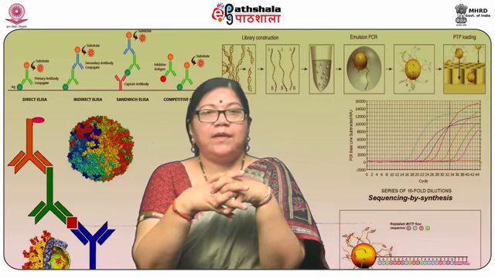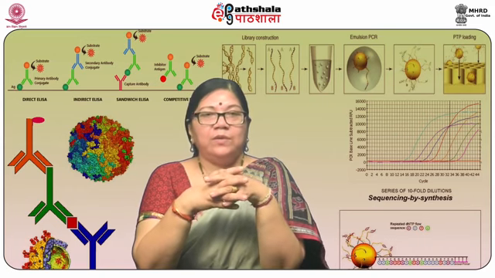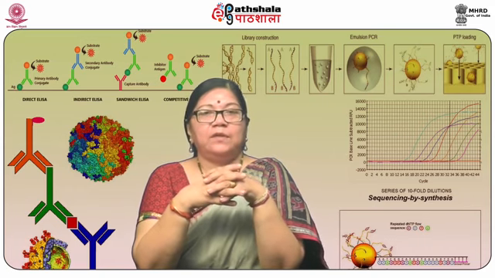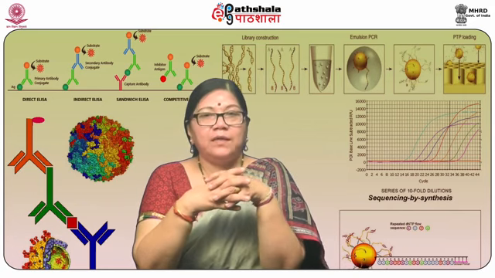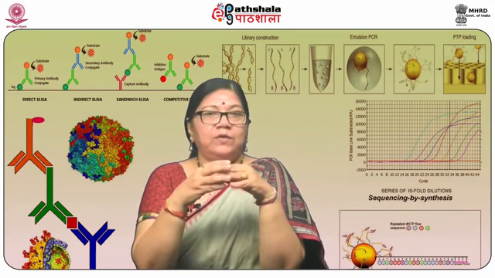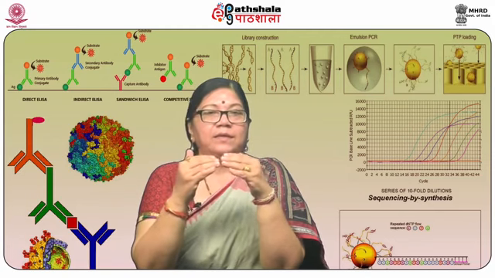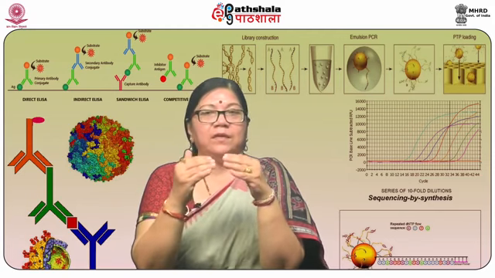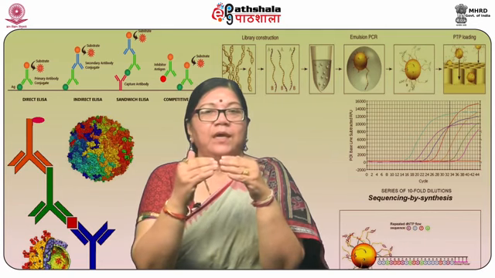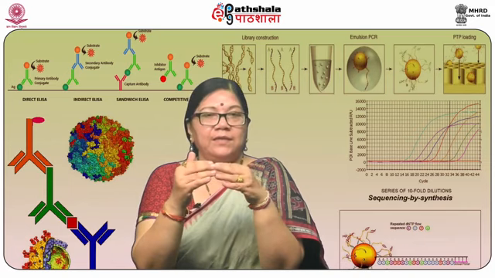So students, let us summarize what we have learned in this module. We have come to know that a vector is used to amplify a single molecule of DNA into many copies. A cloning vector is a DNA molecule that has an origin of replication and is capable of replication in bacterial cells.